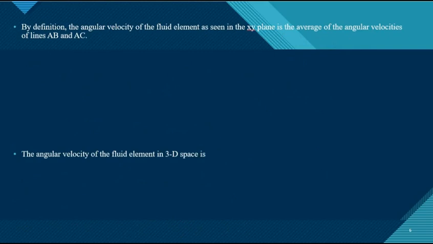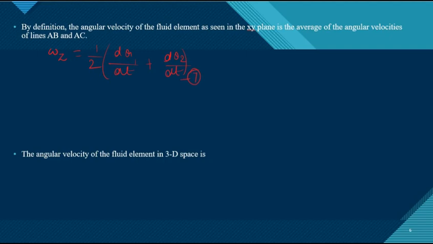Now we have got the angular velocities of line AB and AC. So let us denote this angular velocity of this fluid element as omega z. So when I say average, can I write it in this form? It would be d theta 1 by dt plus d theta 2 by dt. This is our equation 7.